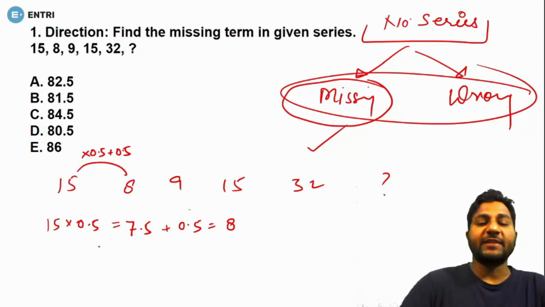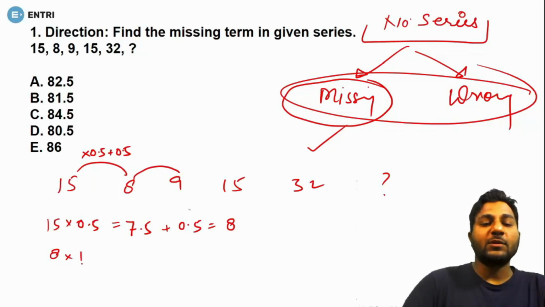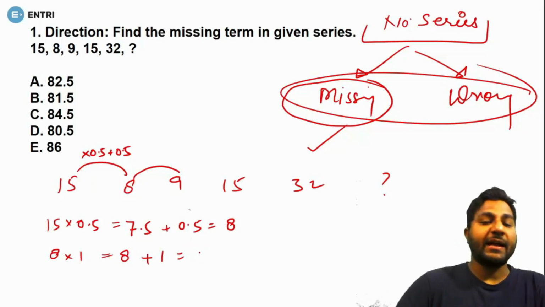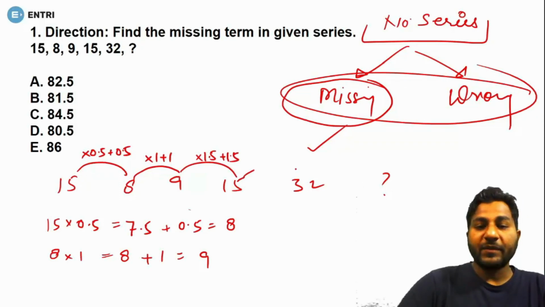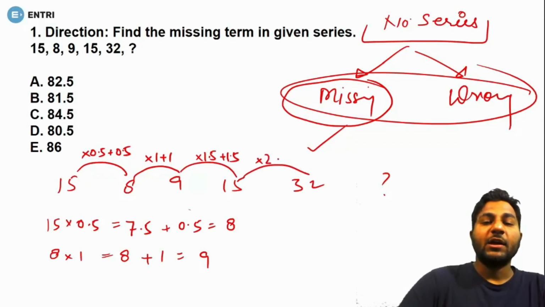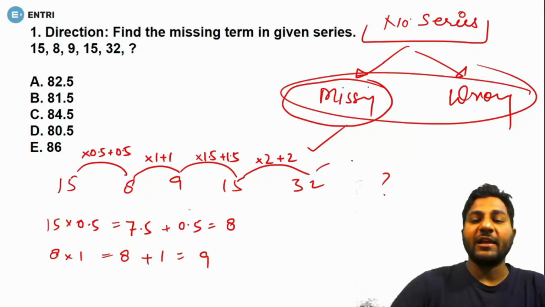Let's move on to the second step. If you multiply 8 with 1, you will see 8 plus 1, because the number you multiplied must be added as well. That makes 9. The next number you multiply with 1.5 and also add 1.5, and the third number you multiply with 2 and add 2. So it is a clear case.